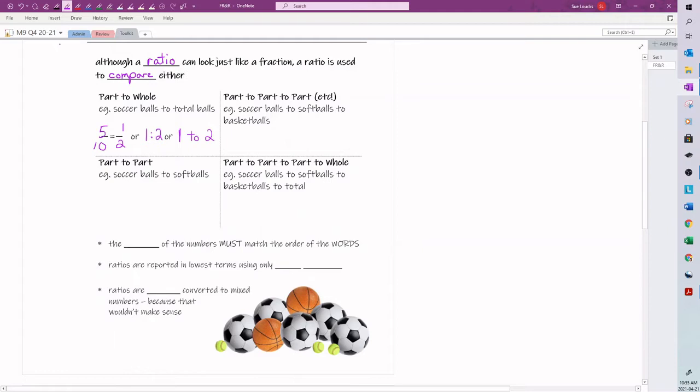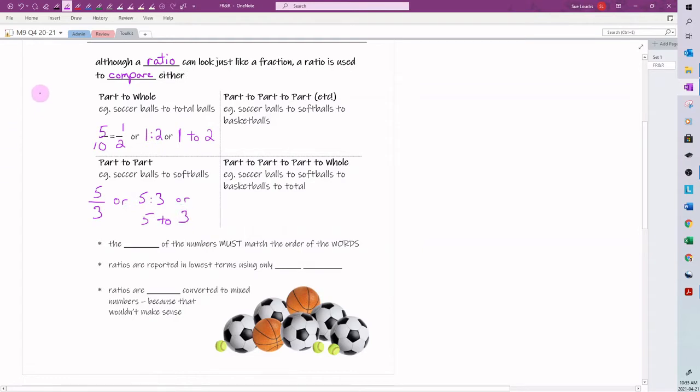We can also compare part to part. So we could compare the number of soccer balls to the number of softballs. So there are 5 soccer balls and there are 3 softballs. So we could write that as 5 to 3 or 5, the word to, and the number 3. 5 to 3.